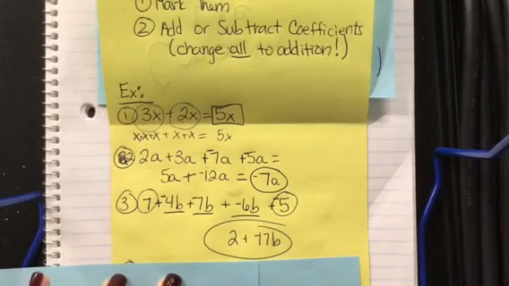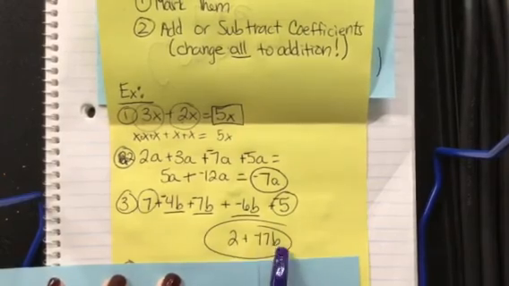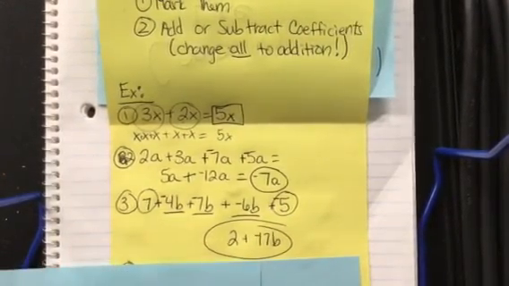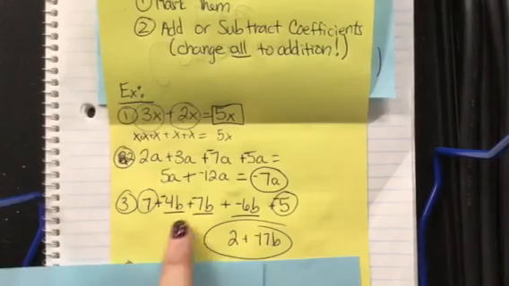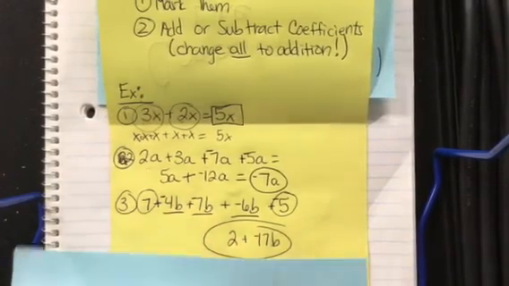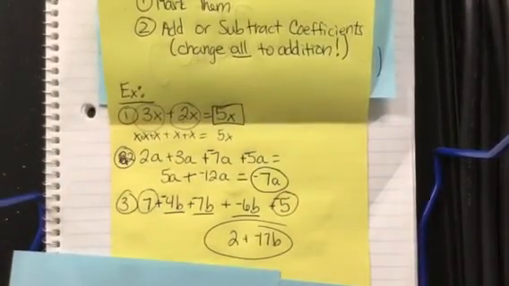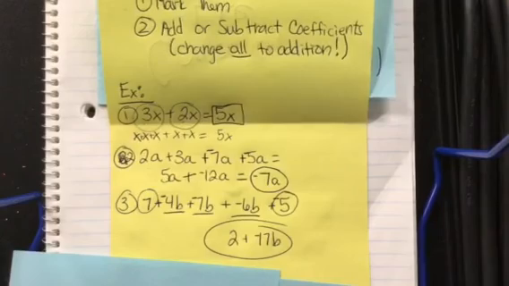Negative 17b. Can I combine my 2 and my negative 17b? No. That's where I said we're not solving anything. We're just rewriting the expression so that we don't have all of this. Okay? All right. That's as far as we're going to go today.